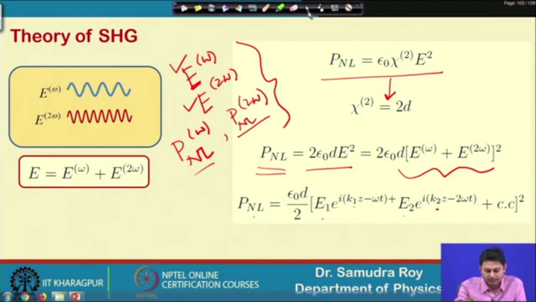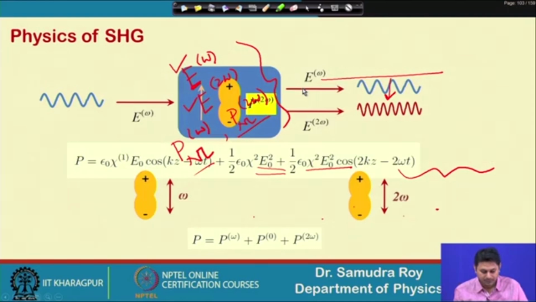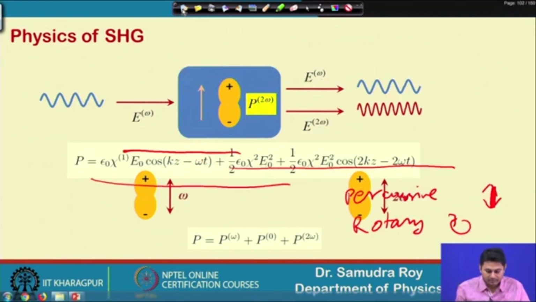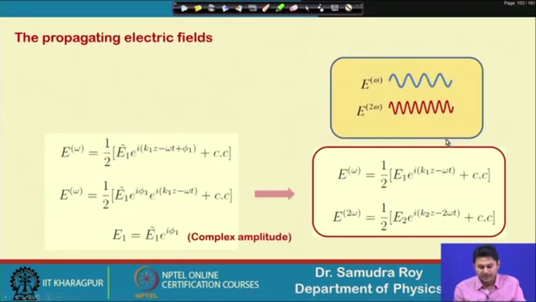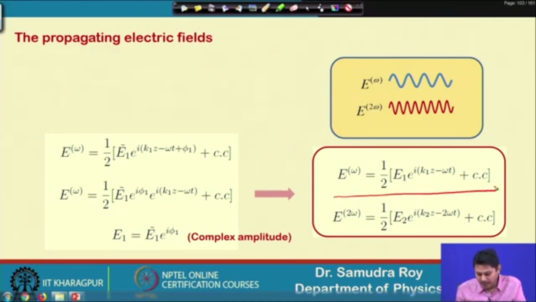let us go back to our previous slide. In our previous slide, here you will find that E1 and E2 are this. Once we have E1 and E2 in this form, now we need to find what P nonlinear is.